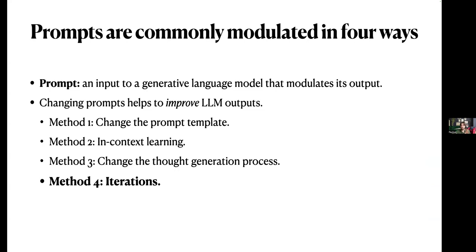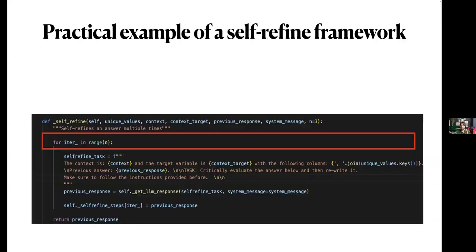The fourth method is iterations. This is also shown here: you can iterate this many times. Maybe you criticize your answer once, and it improves a bit, and maybe you criticize it twice, and maybe three times. At some point, typically the answers already reach some sort of best performance, so further criticizing doesn't really help anymore.